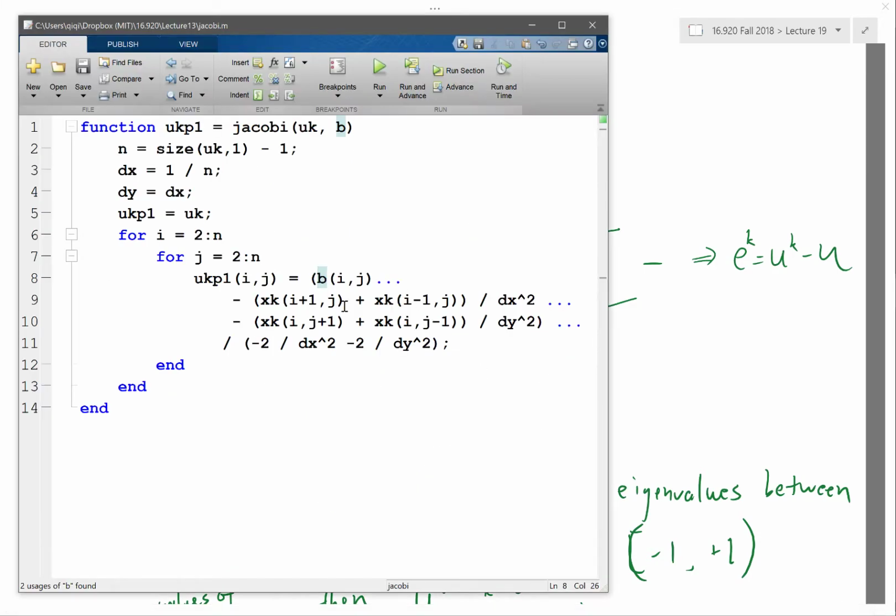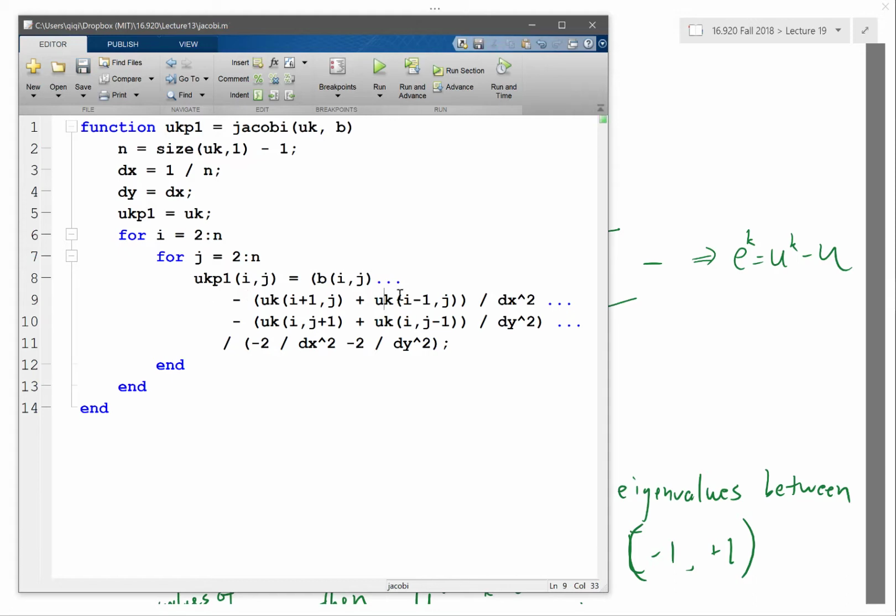Here D inverse is basically a division by the diagonal entries of the matrix, because D is a diagonal matrix, right? So in the parentheses we have B minus the off-diagonal parts of the Laplacian.